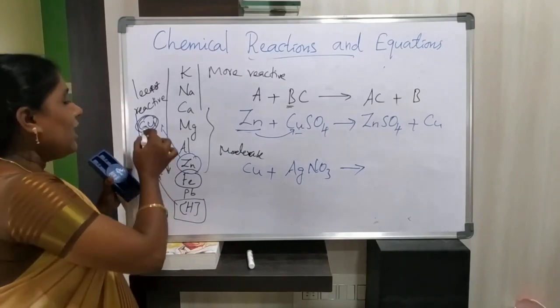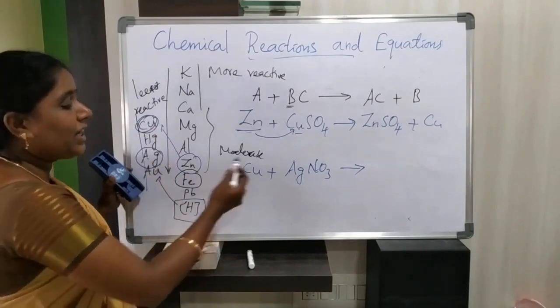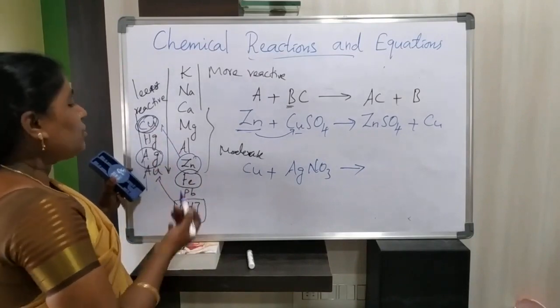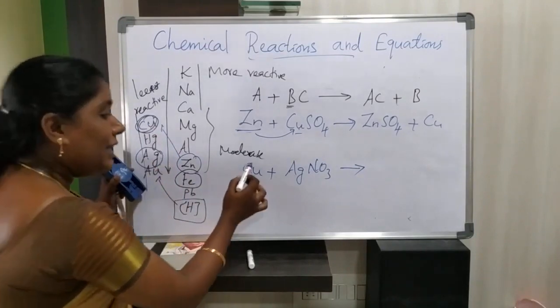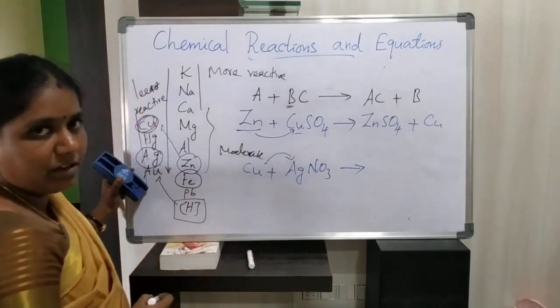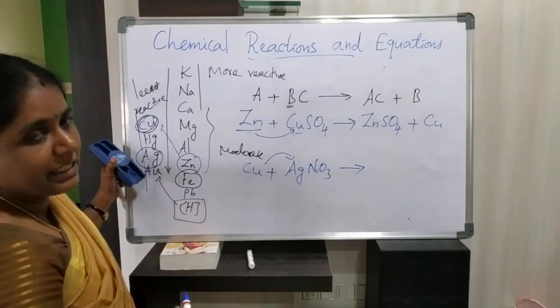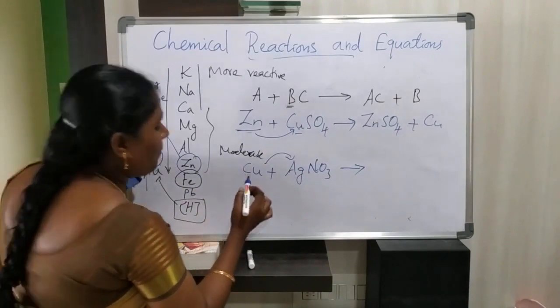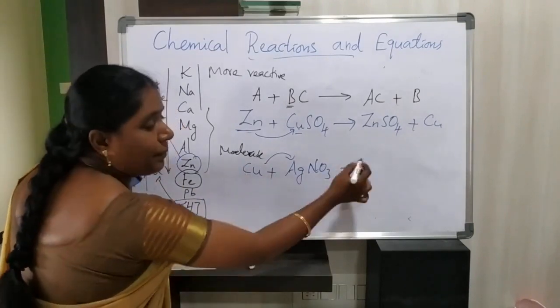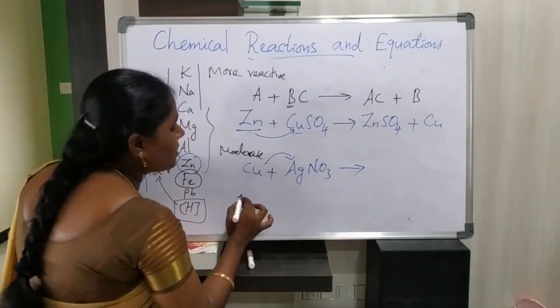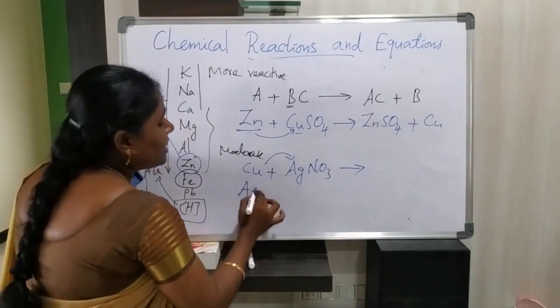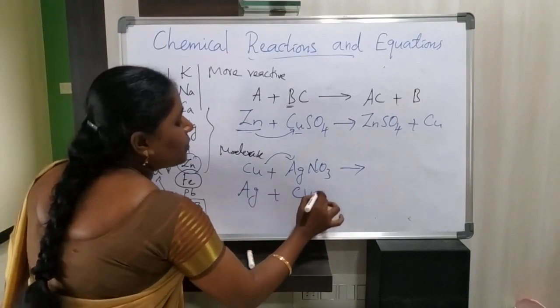So that means copper is more reactive than silver, so copper can displace silver. So what will you get? Copper nitrate and silver.